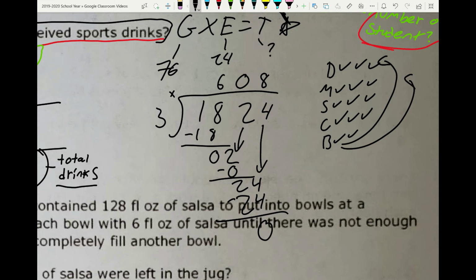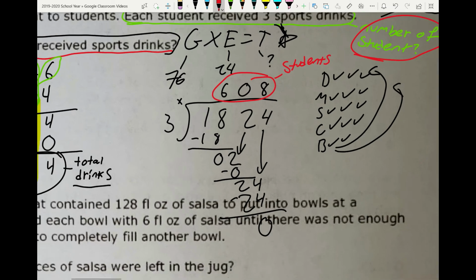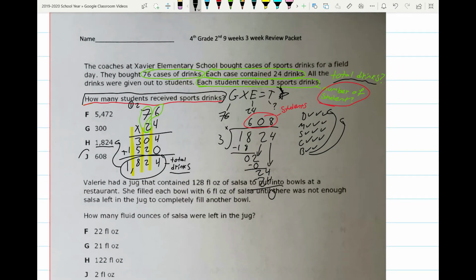I check. Is my difference smaller than my divisor? Yes, it is. Check. And do I need to bring anything down? No. So therefore, I am finished. Therefore, my answer is there are 608 students. Therefore, my answer is J and not H.